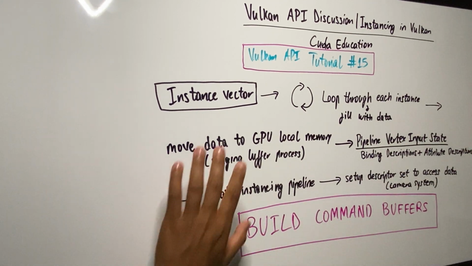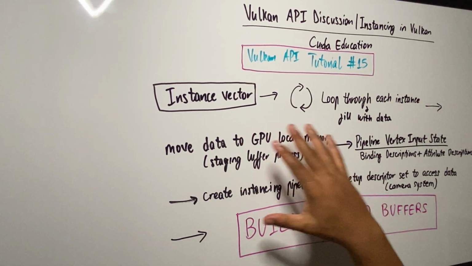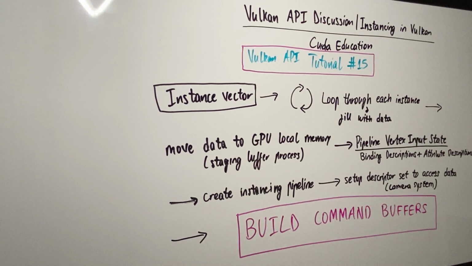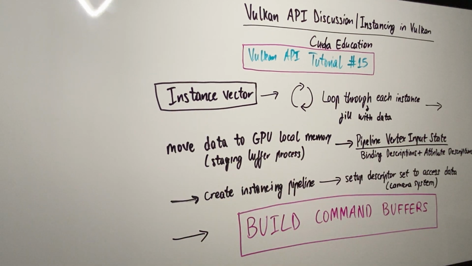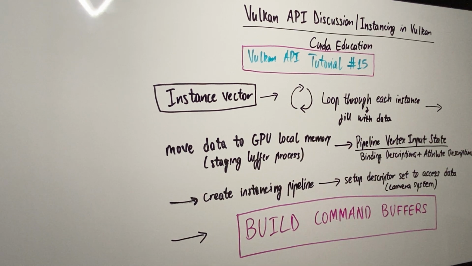And then in tutorial number 15, I go through all the things dealing with instancing in Vulkan. And of course, I'm dealing with the algorithm that generates a planet, a star field in the background, and rocks circulating the planet, and rocks also rotating about its axis.